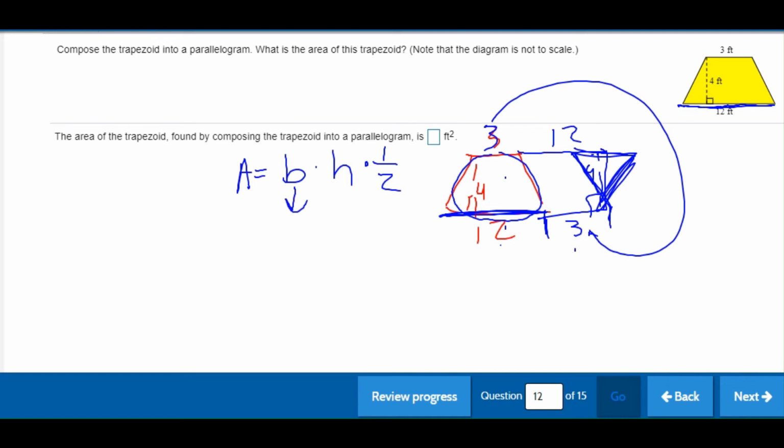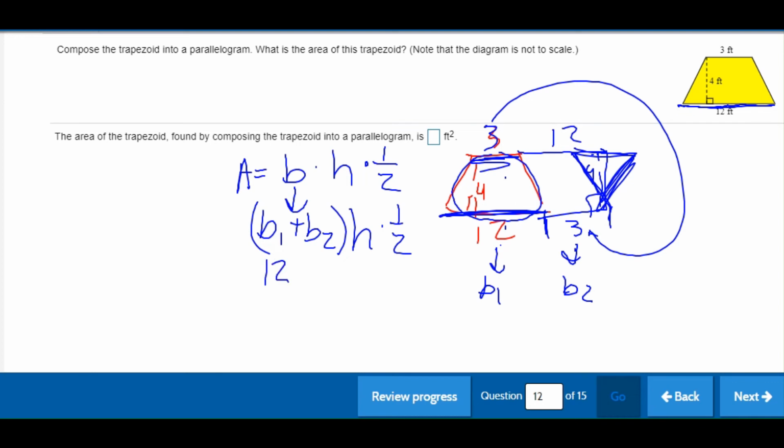Instead of just putting base, I'm going to put base 1 plus base 2, in parentheses, where 12 is my B1 and 3 is my B2. And I'm going to multiply that by the height times 1/2 to find the area of just this red part right here. So I'm going to substitute 12 plus 3 times the height, which is 4, times 1/2.